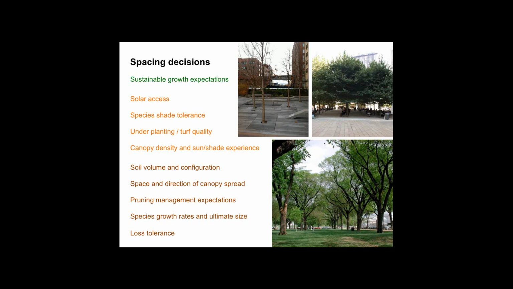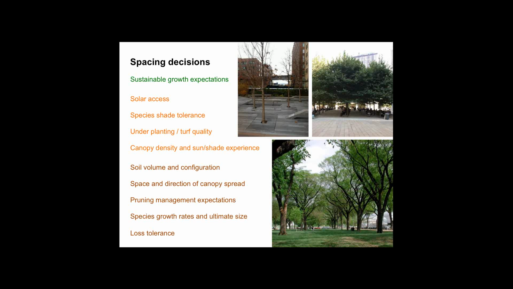So when we're making our spacing decisions, we have to really ask ourselves a lot of questions. Solar access, the species tolerance to shade is critical. Are we trying to underplant? Is there a need for good quality turf?